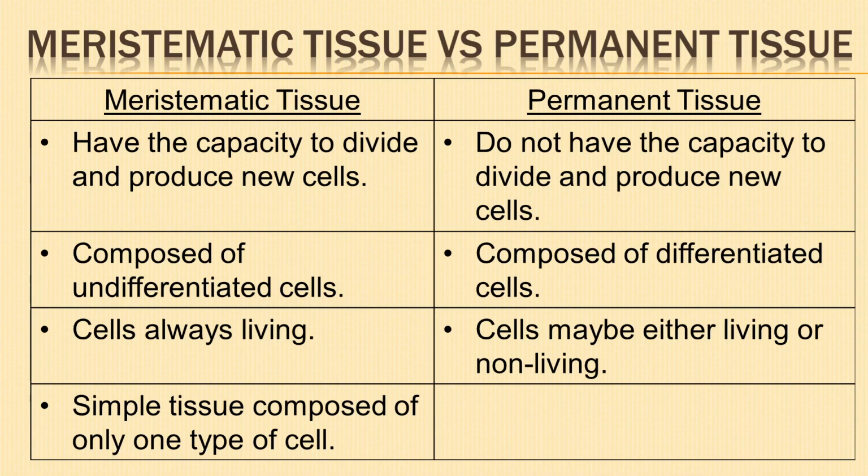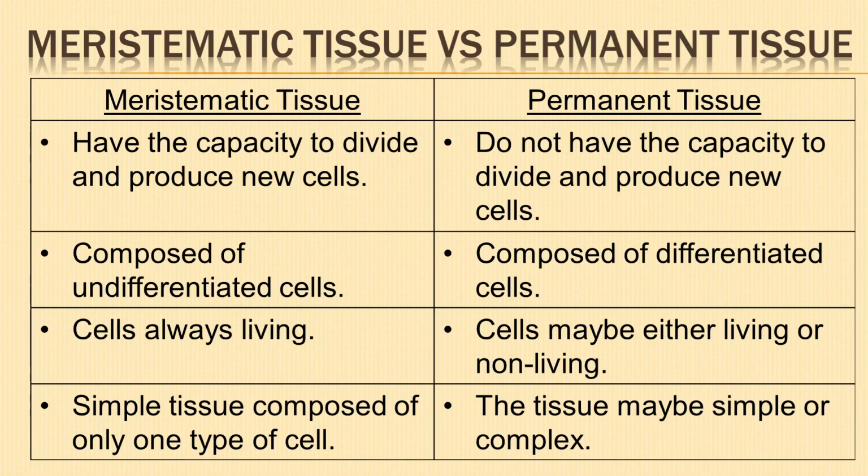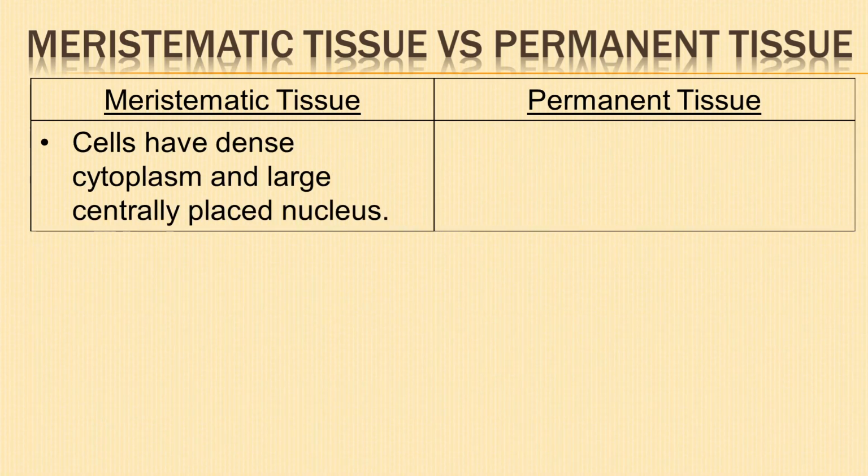Meristematic tissues are always simple tissue composed of only one type of cell. Permanent tissues may be simple or complex. Cells of meristematic tissue have dense cytoplasm and a large centrally placed nucleus.